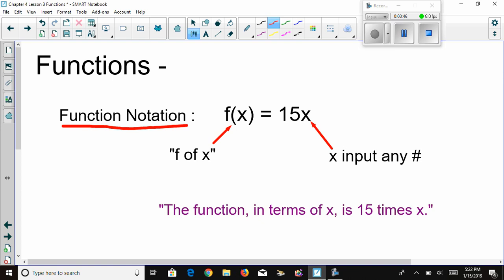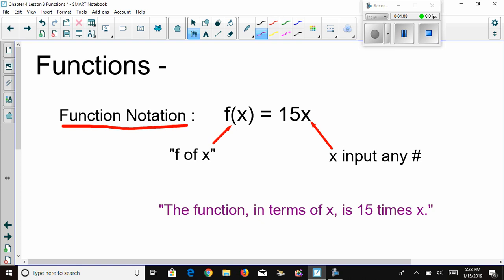F of x equals 15x. Expanding it out further, what this really means is that the function in terms of x, meaning the thing that's changing, is 15 times x.